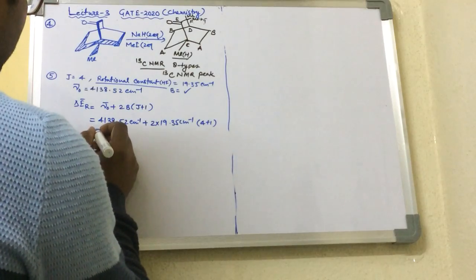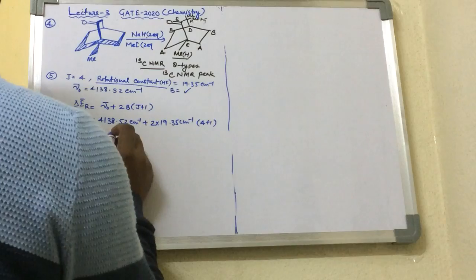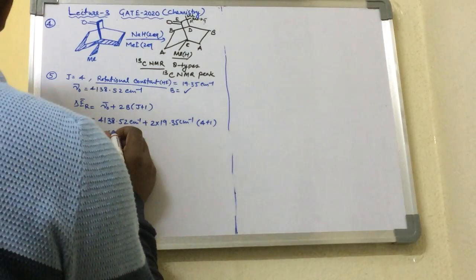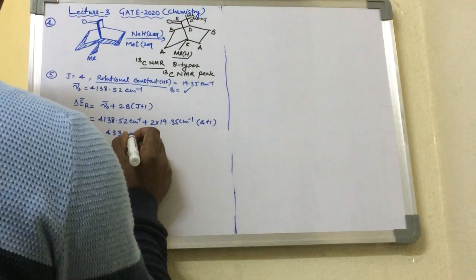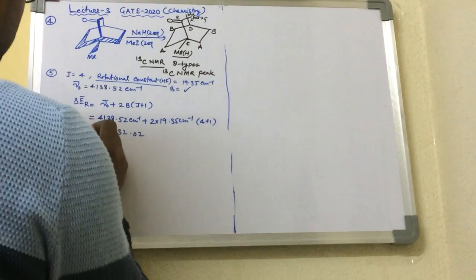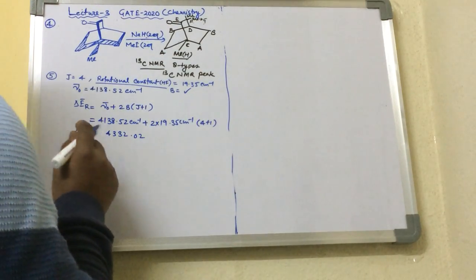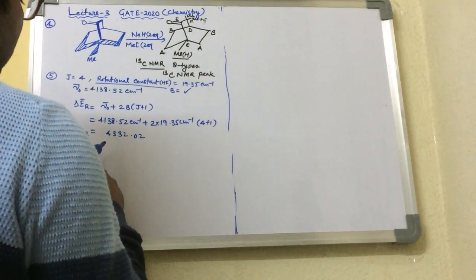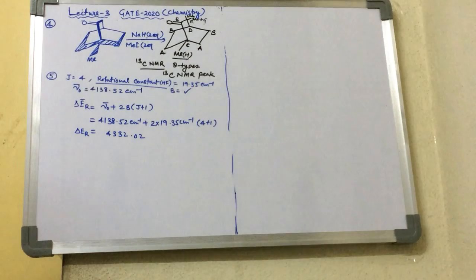So you can easily calculate, then easily get the 4332.02. Okay, so you get this interaction energy of this rotational. Okay, right.